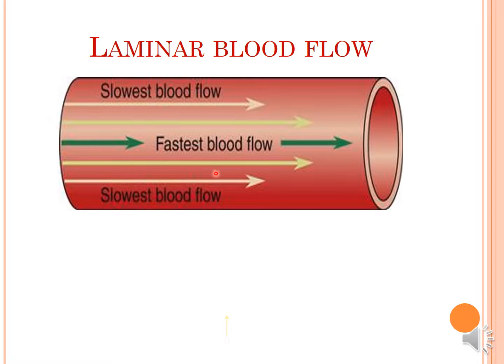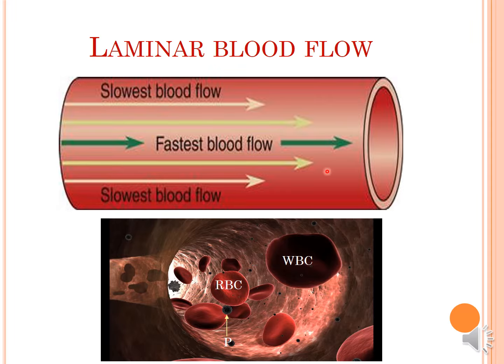So laminar blood flow means that the platelets will flow centrally in the vessel lumen, and they will be separated from the surface of the endothelium by a slower moving clear zone of plasma. So the fastest blood flow will be at the center of the blood vessel, and the slowest blood flow will be just adjacent or very close to the endothelial surface of the wall.